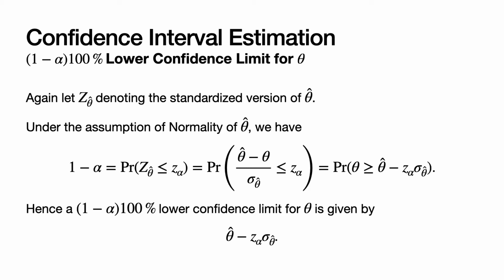And so that last probability statement, the probability that theta is at least theta hat minus z sub alpha times sigma sub theta hat, that probability is equal to 1 minus alpha. And so that implies then that a 1 minus alpha times 100% lower confidence limit for theta is given by the expression shown here, theta hat, the point estimator, minus z sub alpha times sigma sub theta hat.